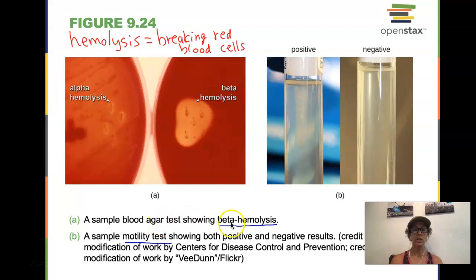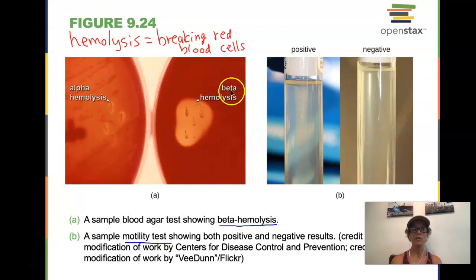Blood agar looks for hemolysis, or blood lysis, breaking. The agar contains sheep's blood that is sterilized, and when the organism produces a hemolysin, a protein that breaks down blood, we either see complete clearing around the growth, and that is called beta hemolysis.